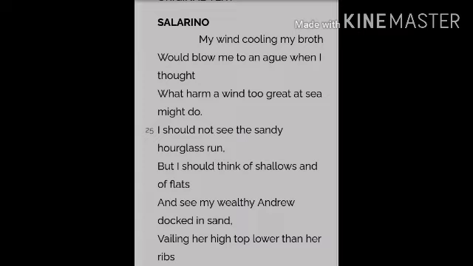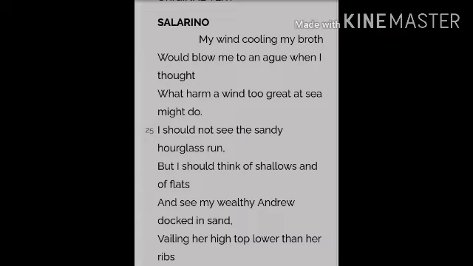would blow me to an ache. Would blow me to an ache means will make me shiver. When I thought what harm a wind too great at sea might do.